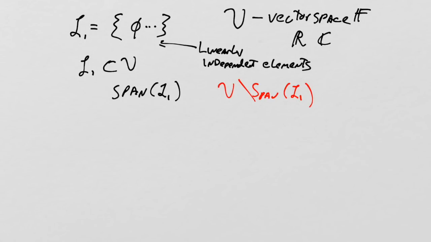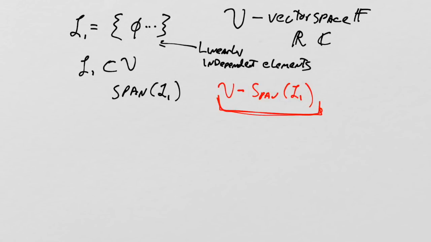But I think I'll just stick with the minus sign. So we know that any element in this set, this is a set of vectors, is clearly linearly independent from all of these vectors, right? Because this is everything that's not in the span of L1. And the span of L1 is everything that's linearly dependent on L1.